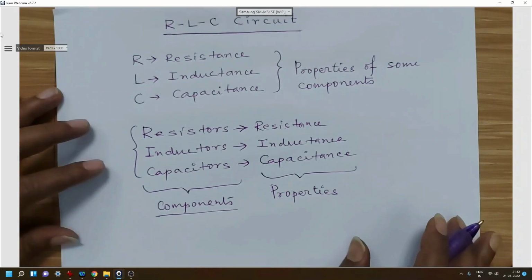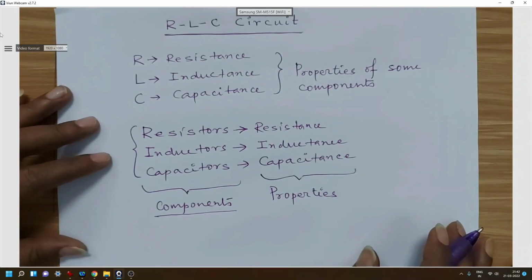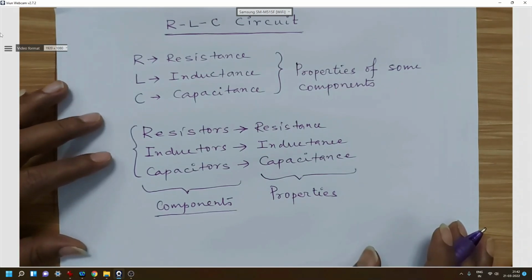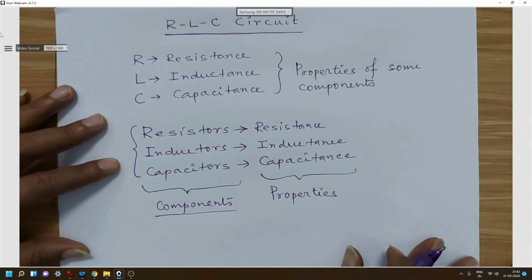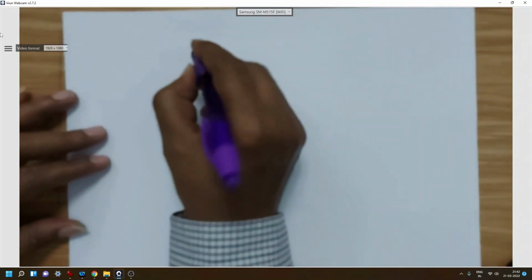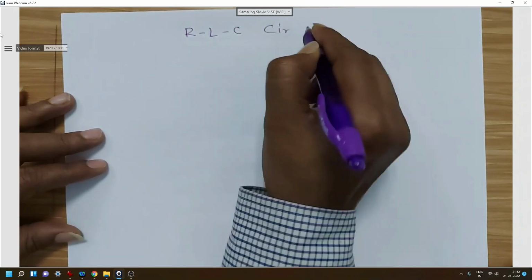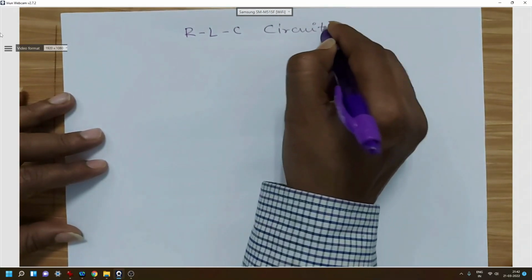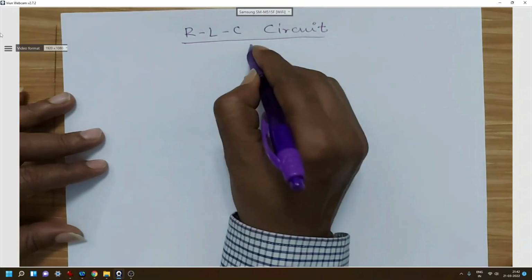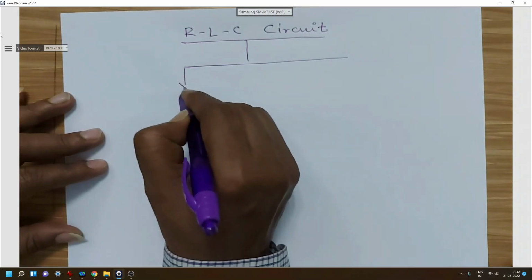Now if we want to study RLC circuit, then we need to make the RLC circuit. Now how to make the RLC circuit? We definitely will be able to do it in many ways.